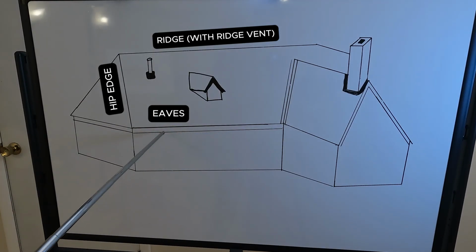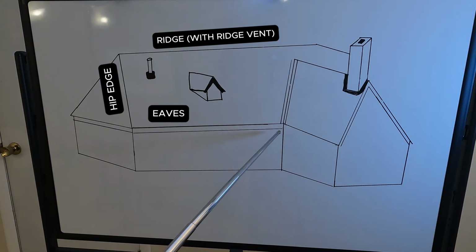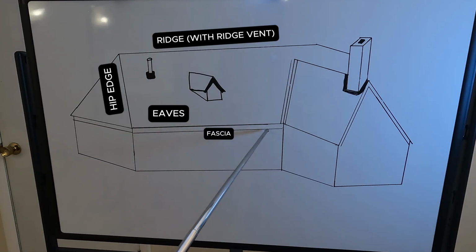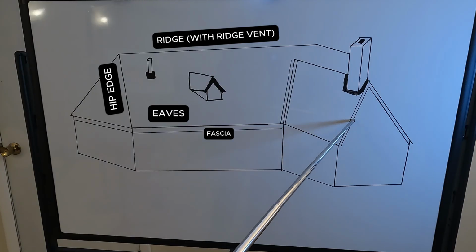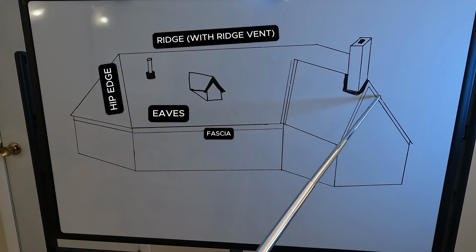I drew a line here. So that could either be a gutter, or behind the gutter is what's called fascia, or fascia, depending on how you say it. So right here would be your fascia. And also, if you're looking at it here, this part right here, that little skinny strip would be your fascia.